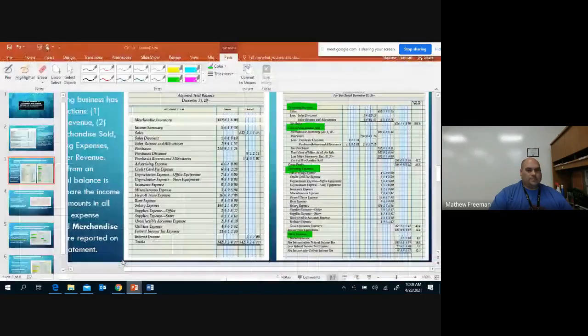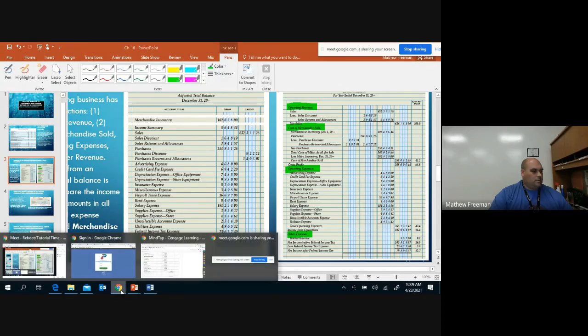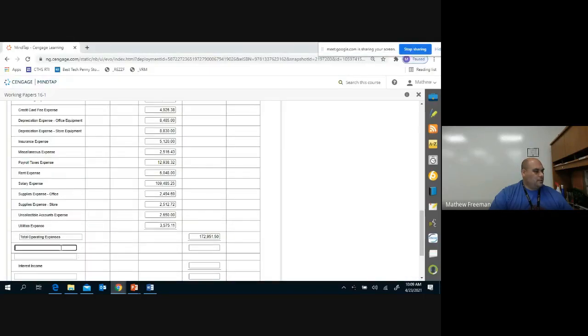So what we are doing next, we have our total operating. Now we have to figure out our income from operations. And so what we're going to do is take this and subtract it from that, our gross profit. And so income from operations.